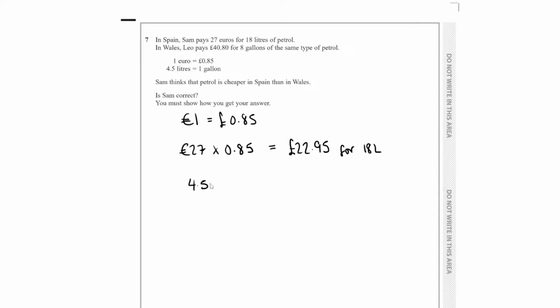So we had 4.5 litres is the same as 1 gallon. So how much is 8 gallons? Again, you can see it's quite obvious I'd need to multiply by 4.5, wouldn't I? So 8 times, let me write that properly. 8 times 4.5. As long as you do any version of converting both of them, then it's fine.